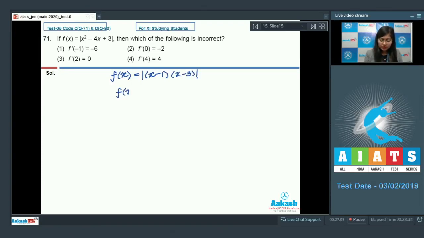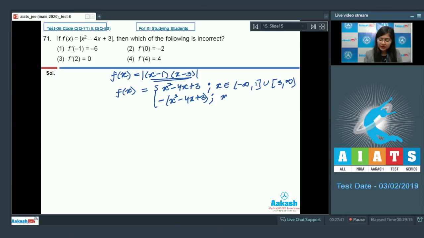So removing the modulus, we can write f(x) as x square minus 4x plus 3 when this term is greater than or equal to 0, that is, when x belongs from minus infinity to 1 union 3 to infinity, right? And it will be minus of (x square minus 4x plus 3) when x belongs from 1 to 3.